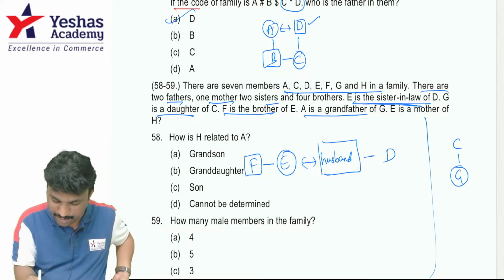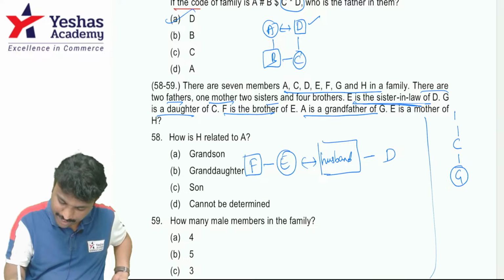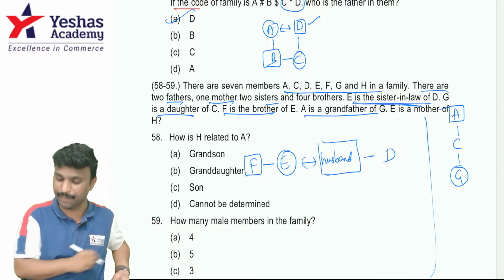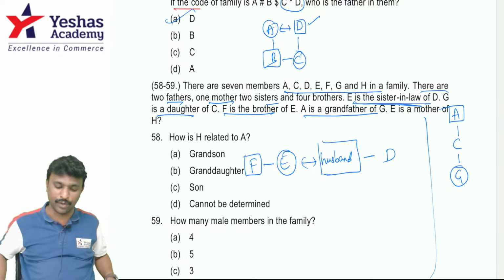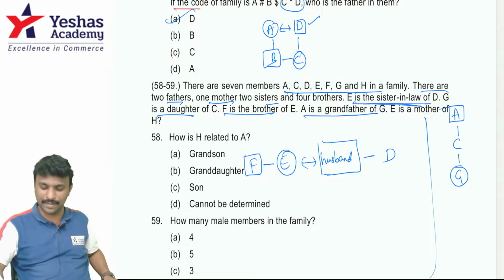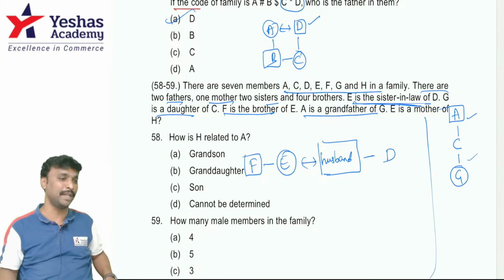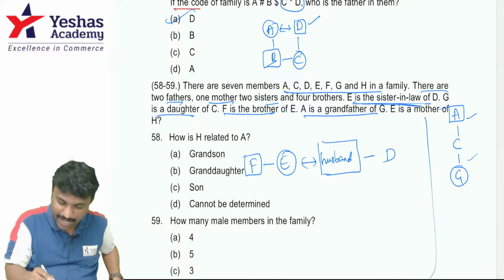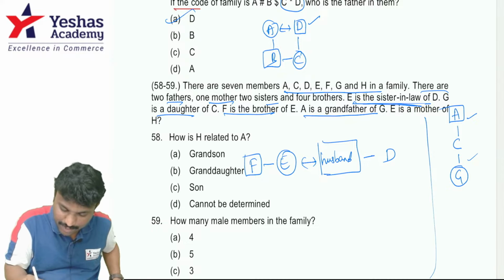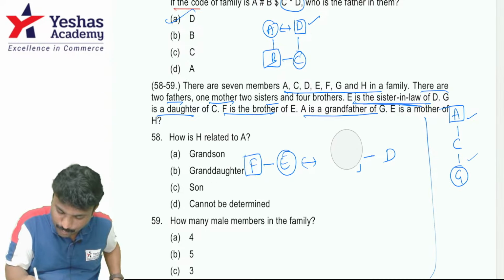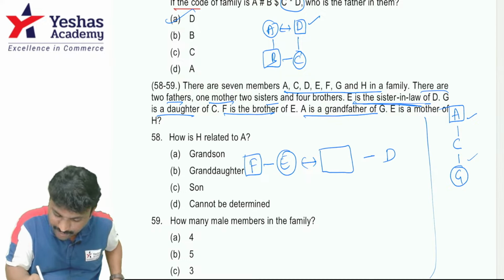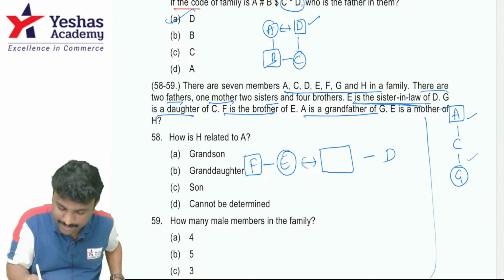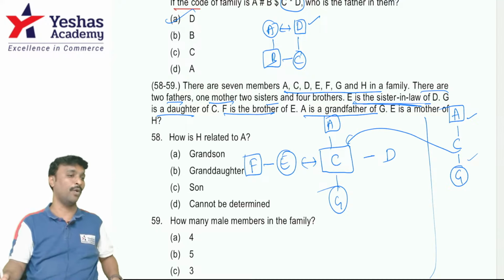A is the grandfather of G. That means A must be above C. So where can I position these three people? C should go, because 3 generations are there, in the place of E's husband. E's husband is only C, and A should be over here and G should be over here. So these 3 people I have placed over here.